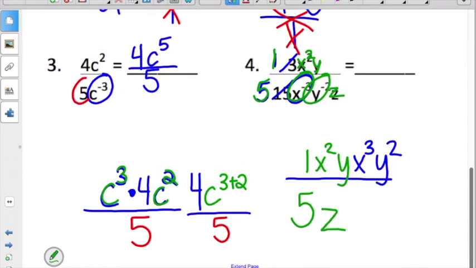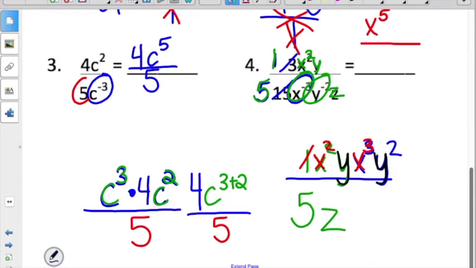And now we can simplify our numerator. We don't need the 1, so we can get rid of the 1. And we have x squared and x to the third. Our product rule says we're going to add those exponents together, so that gives us, in our numerator, x to the 2 plus 3, so x to the 5th. And we also have y and y squared.